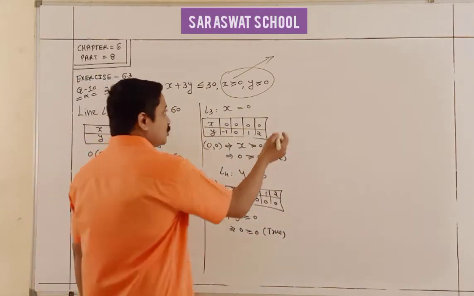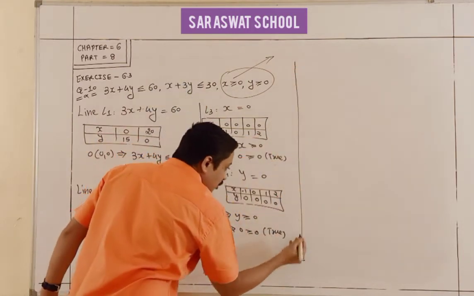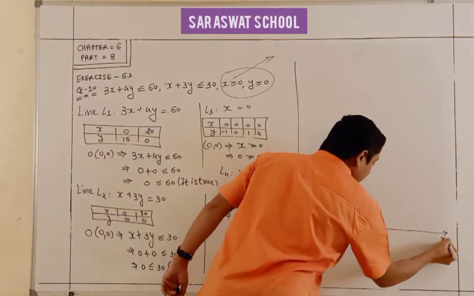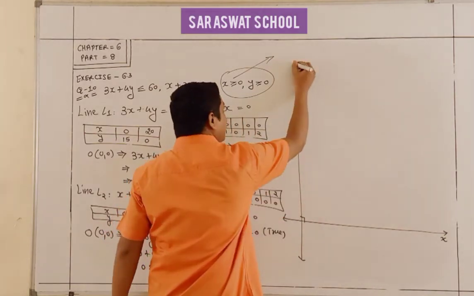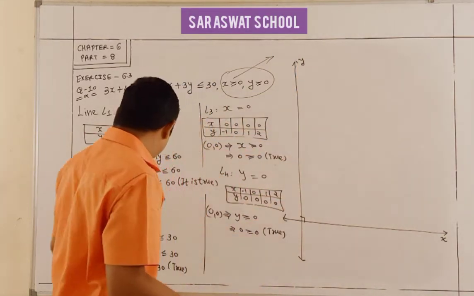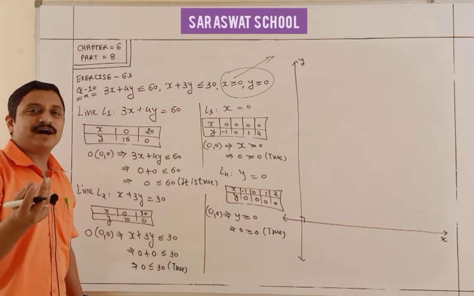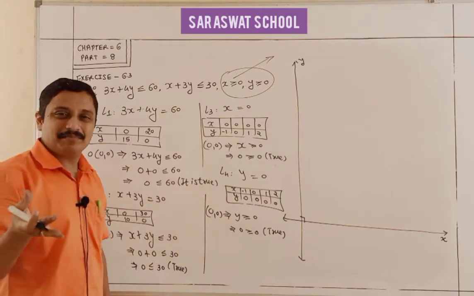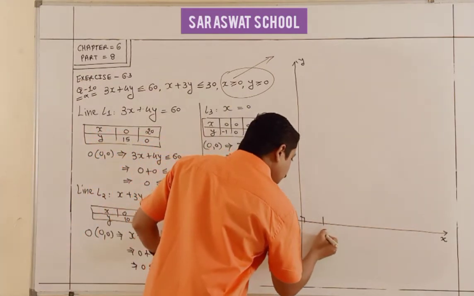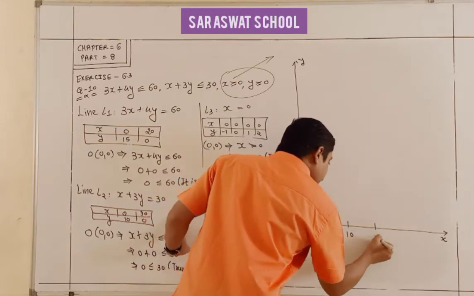In the first quadrant, I plot my answer on the x-axis and at right angle the y-axis. Then I take here only a gap of 5. It's very simple: 5, 10, 15, 20.